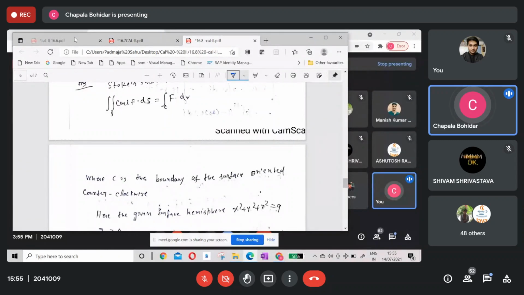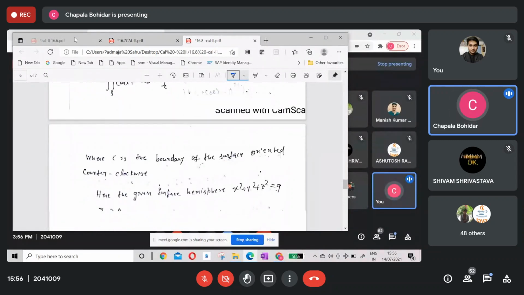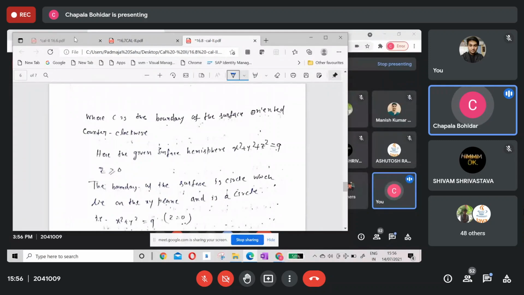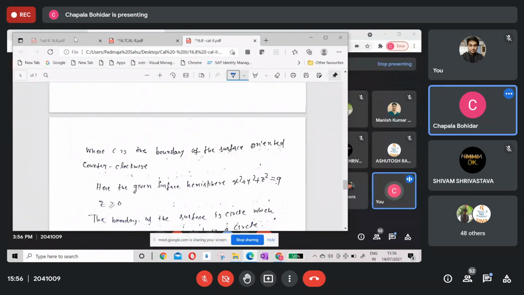Here the given surface is the hemisphere. It is given z is greater than or equal to 0, so our surface is the hemisphere x square plus y square plus z square is equal to 9.